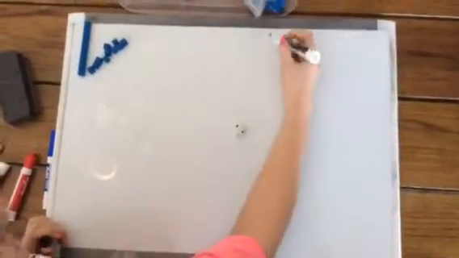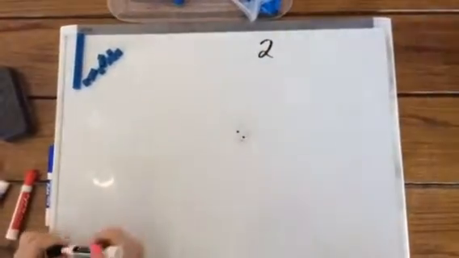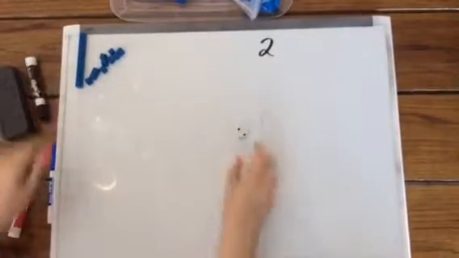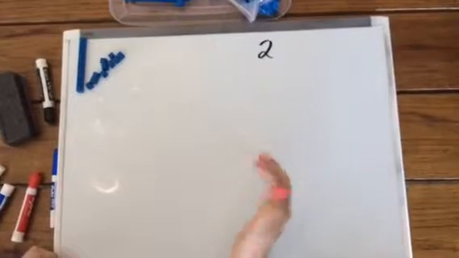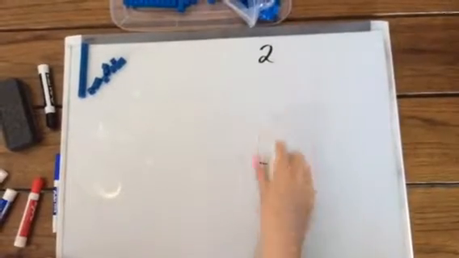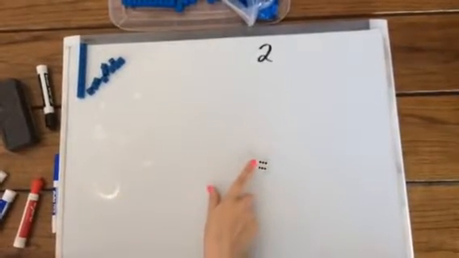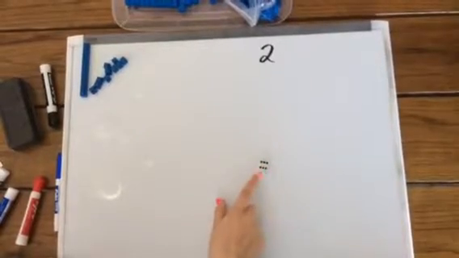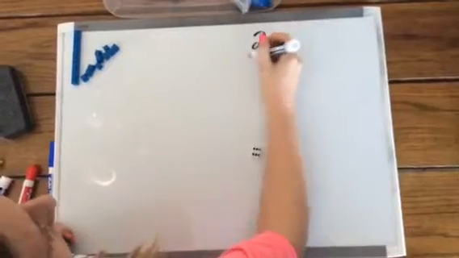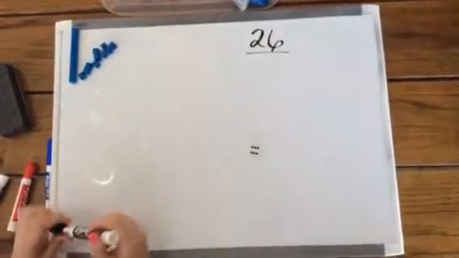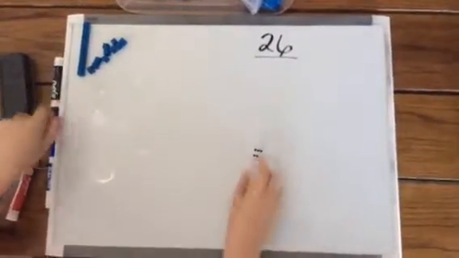Our first number is a 2. Roll the dice the second time to get your ones. And then we have 1, 2, 3, 4, 5, 6. So we got the number 26.